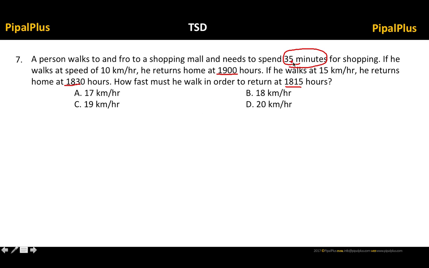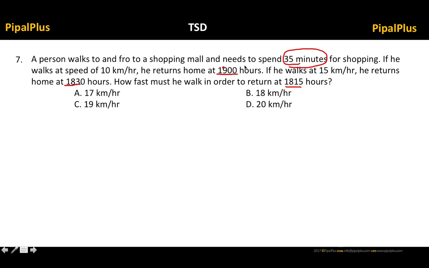Because you can take 35 minutes in all the situations, or 40 minutes, or 1 hour. The only thing that will change is the starting time, which is not what we are bothered about here. It will not have an impact on the travel time.